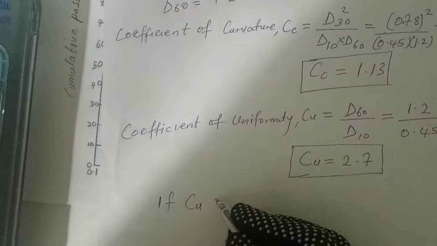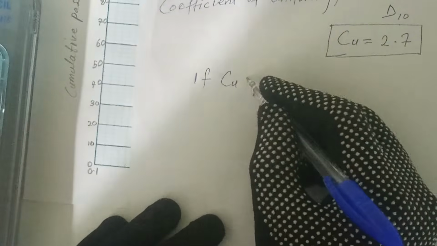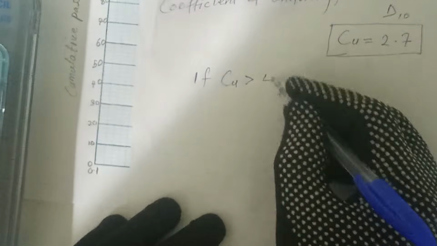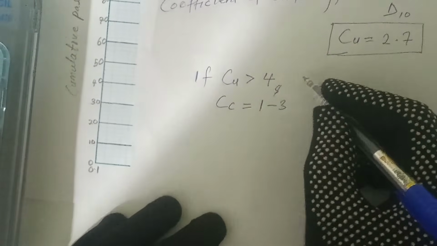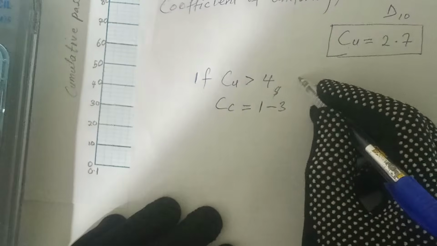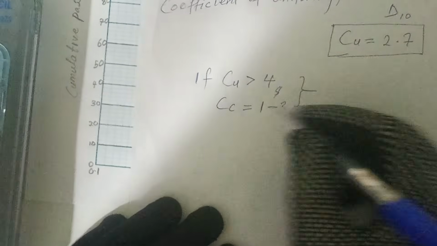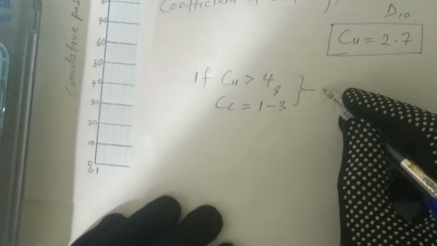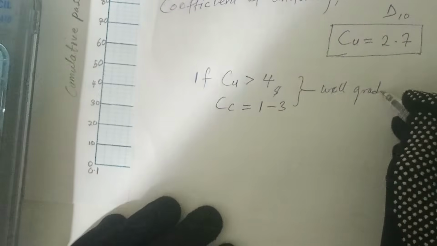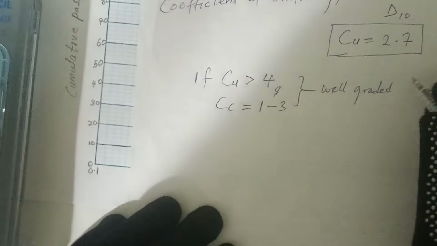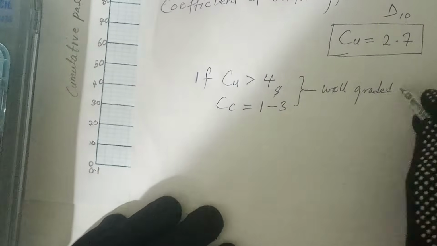If you have CU greater than 4 and CC between 1 and 3, it is well graded soil.